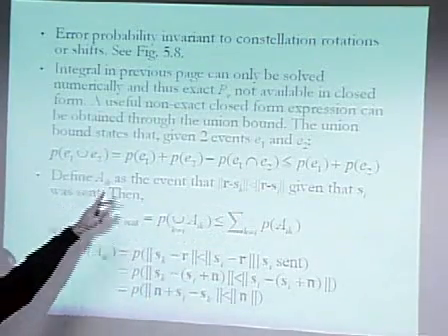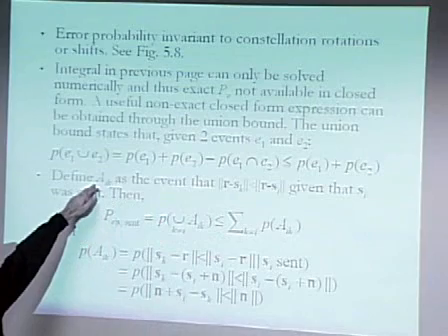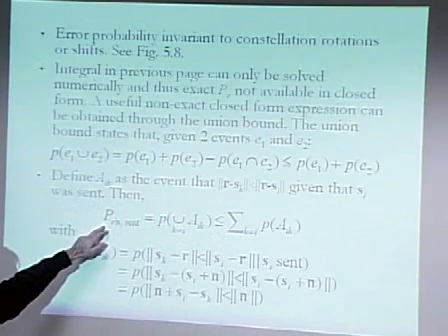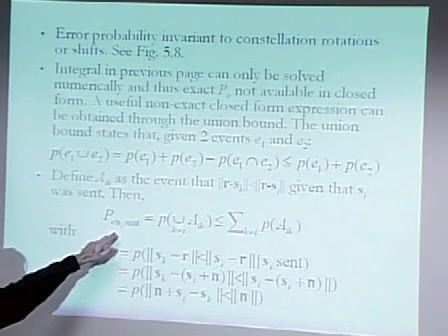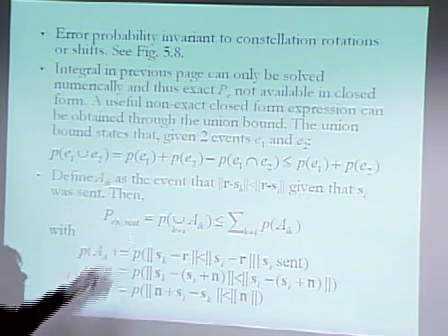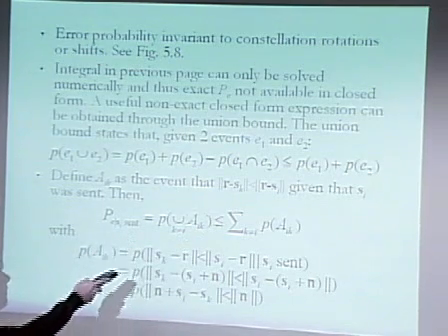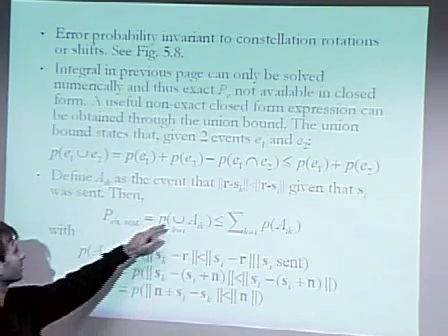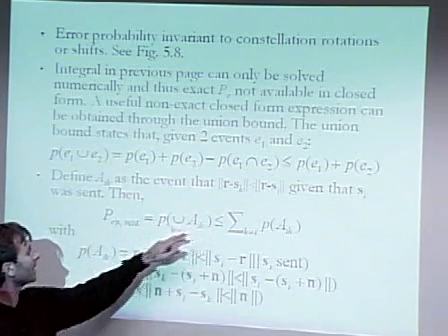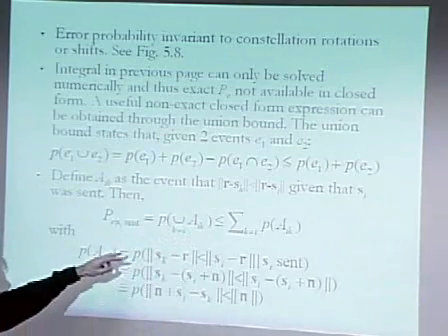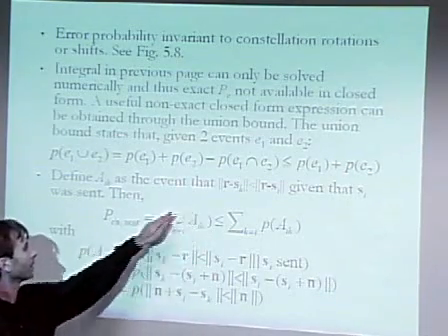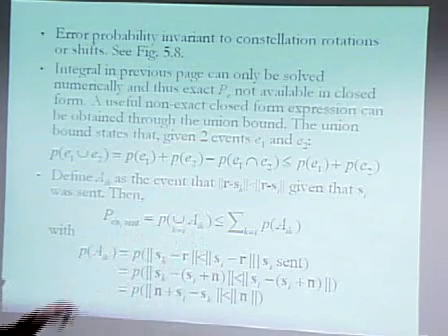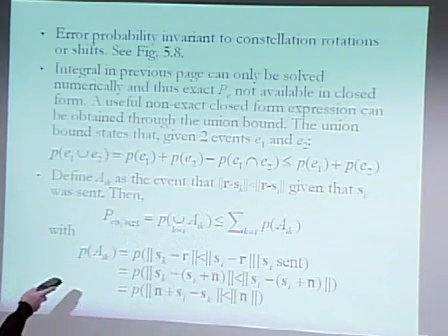Okay? So we're going to have a problem here. So the probability that there's an error given that Si was sent is the probability of the union of these events, right? So it is the union of only A sub ik's for k different from i. So if k is equal to i, then there's no error. Otherwise, there is an error. So the union of all these possible error events is the error probability given that Si was sent.